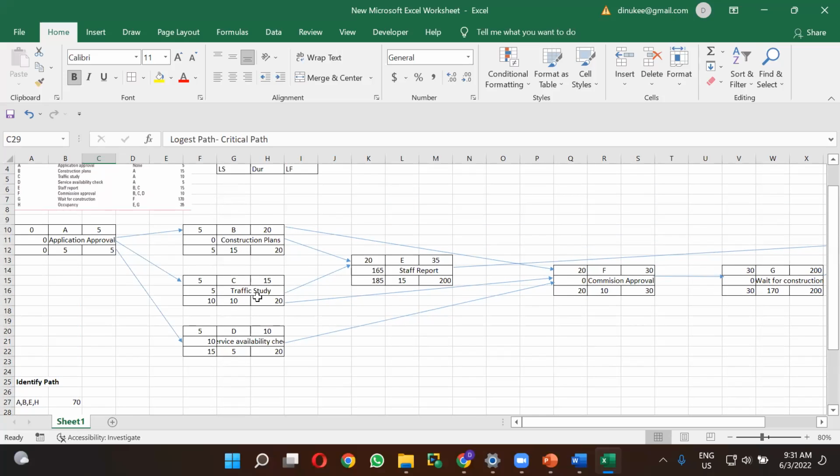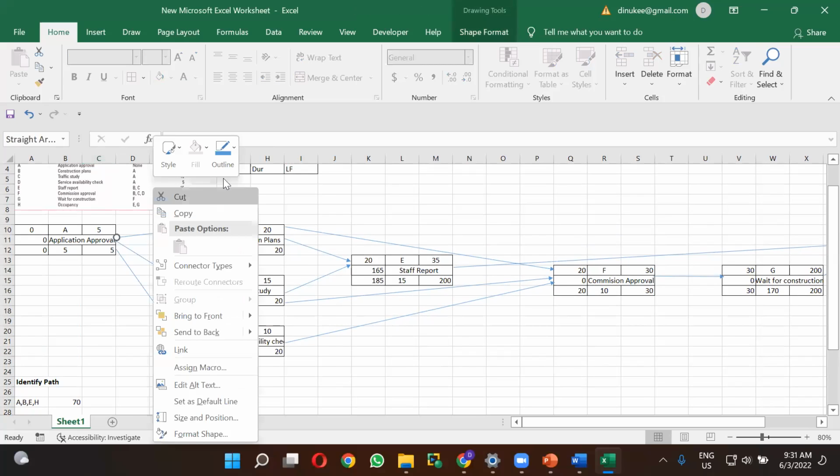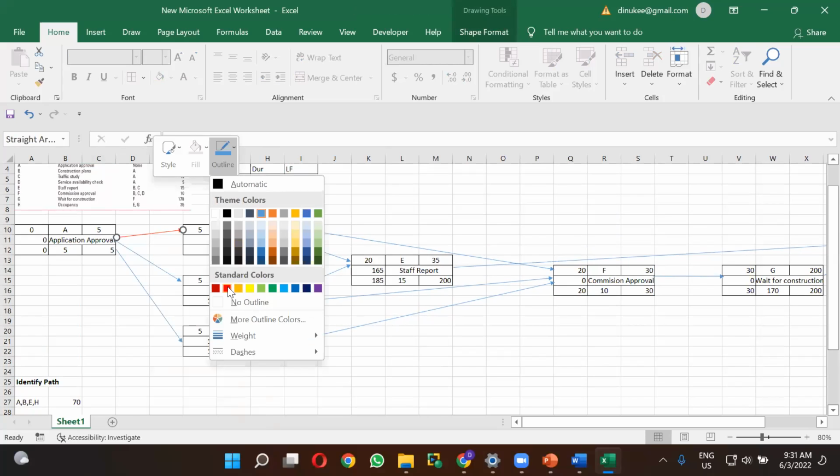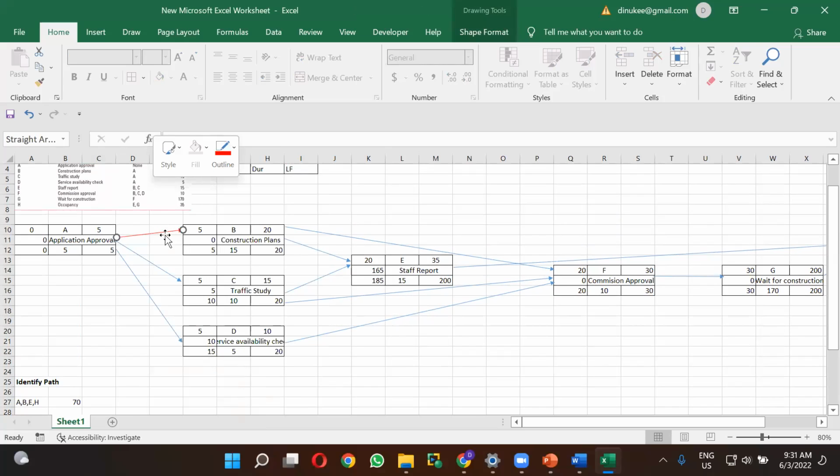So shall we make it another color? A, B. I will put another color, red color, right? Can you see this?